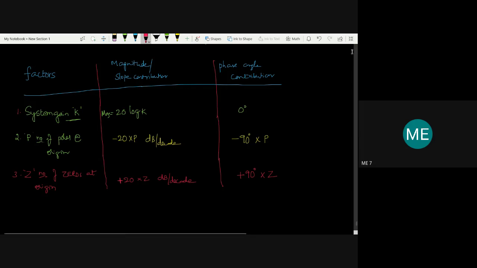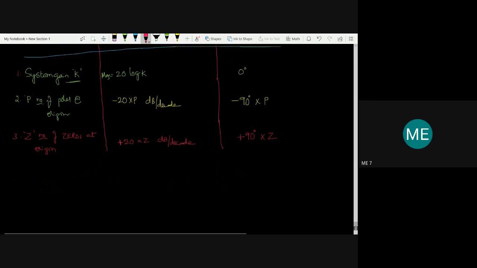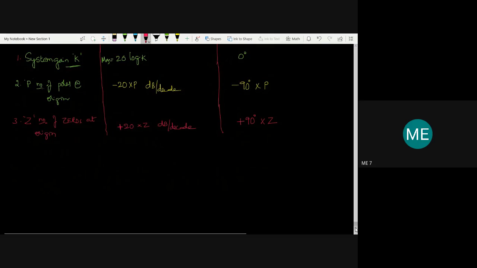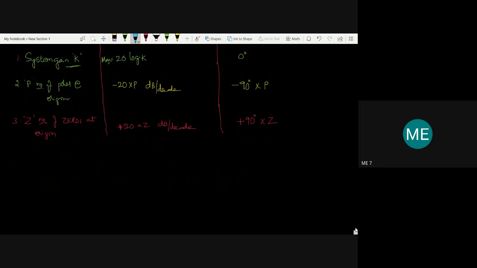Likewise, the next factor we have also discussed is the simple pole.